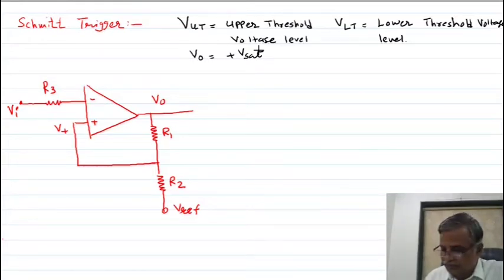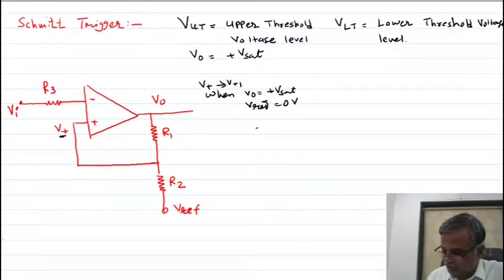In the superposition principle, first I calculate the voltage at V plus, which I write as V plus 1, when my output voltage is plus Vsat and my reference voltage is 0.